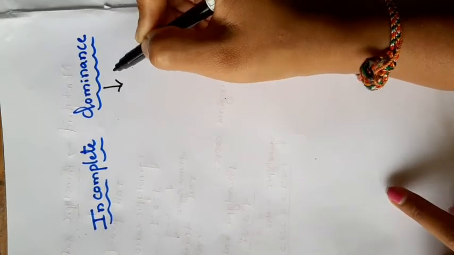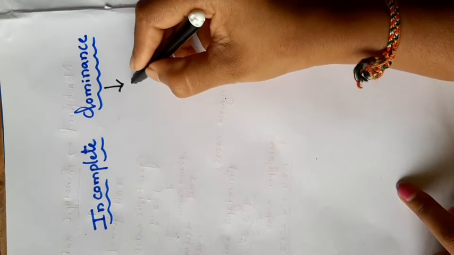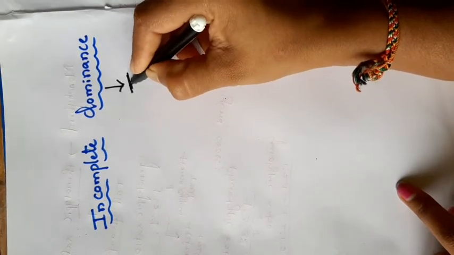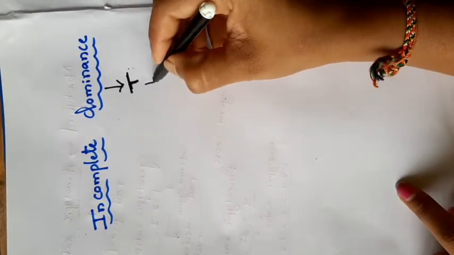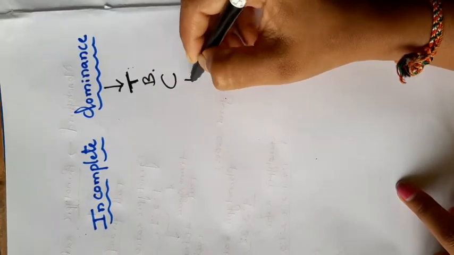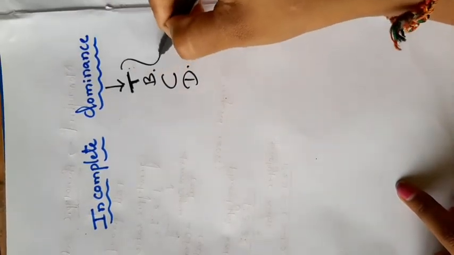Firstly, understand the name of the topic. Dominance means a gene which expresses by suppressing the other gene. It is always represented by capital letters. We can use any capital letters, for example.